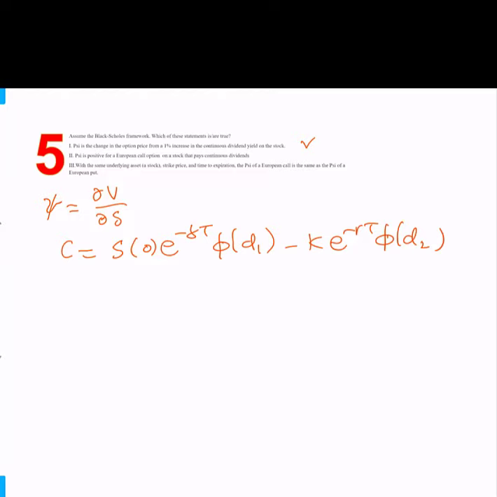So now if you differentiate with respect to delta, remember within d1 and d2 we also have delta, right?